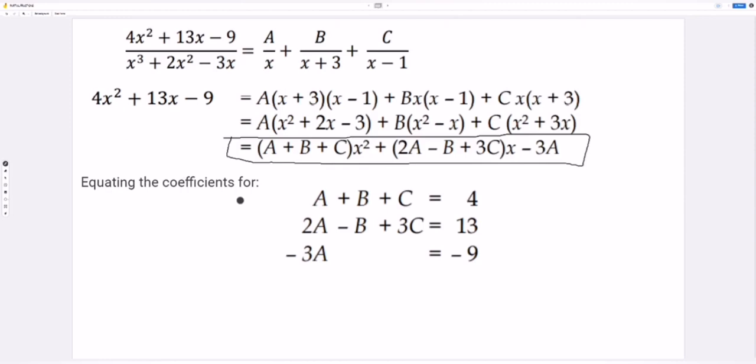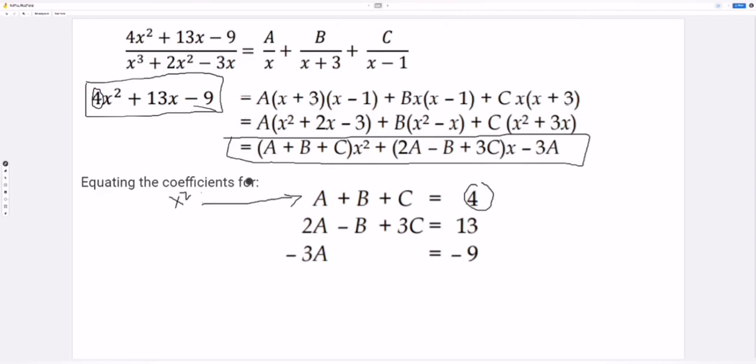First, we need to equate the coefficients for x squared. For x squared, on the left side we have 4. The equal sign is like the barrier for these two.